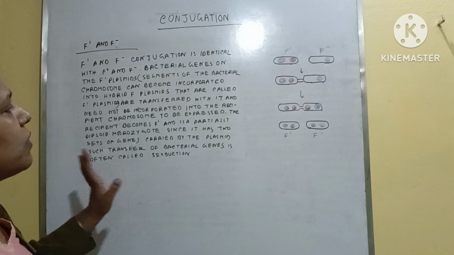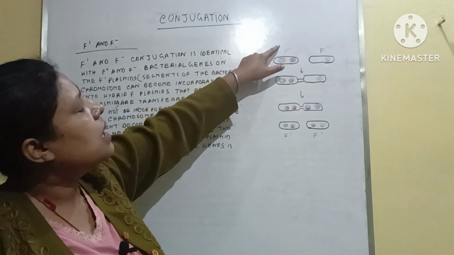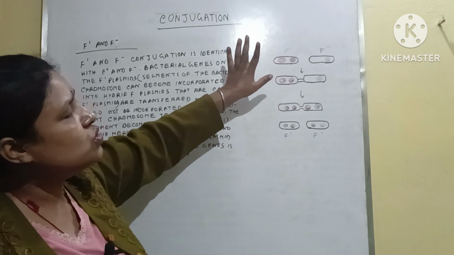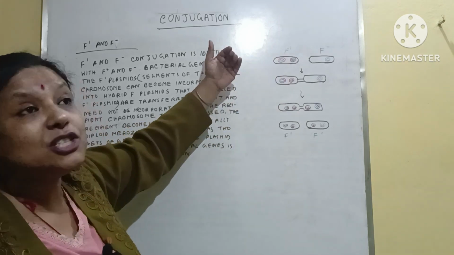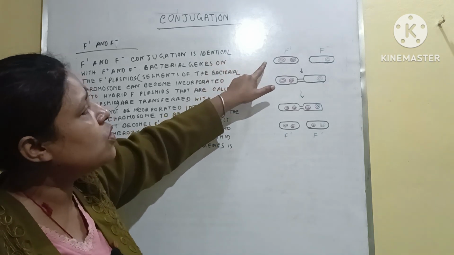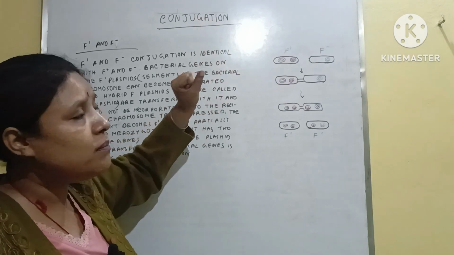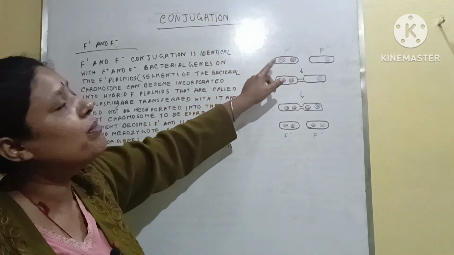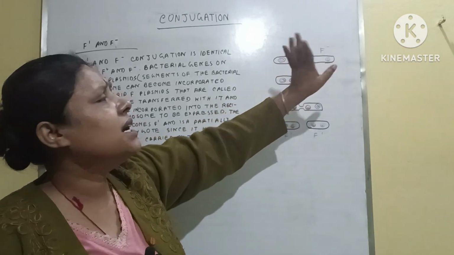So what it is saying is that F dash means it carries two sets of genes, in a recombinant way, by the process of recombination. Here the chromosomal DNA and the plasmid DNA are bound together and form the recombinant DNA, and F minus has only the chromosomal DNA.